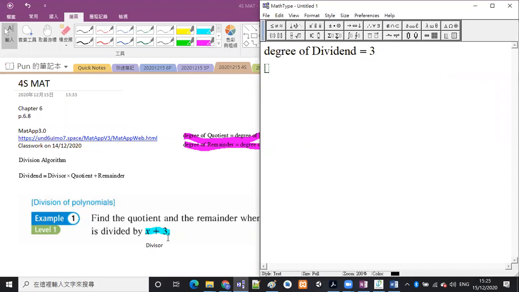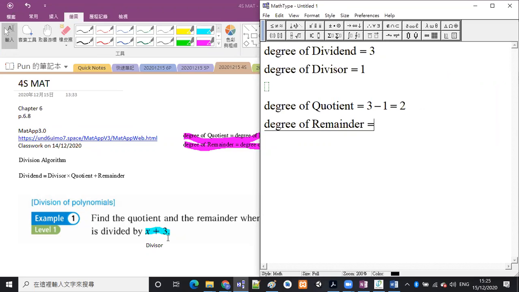And degree of divisor is equal to 1. Therefore, degree of quotient is equal to 3 minus 1, that is equal to 2. And the degree of remainder should be equal to 1 minus 1, which is 0.